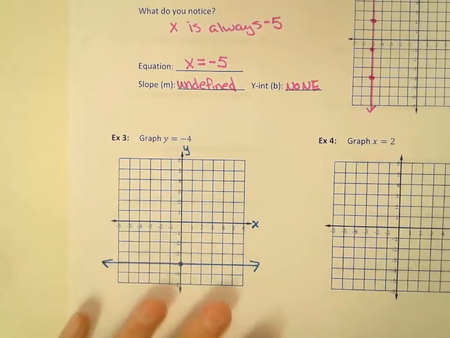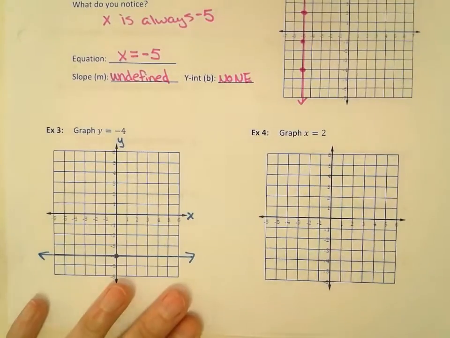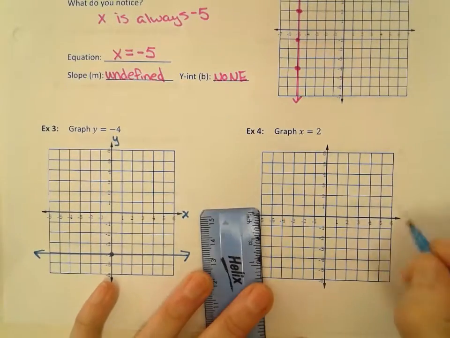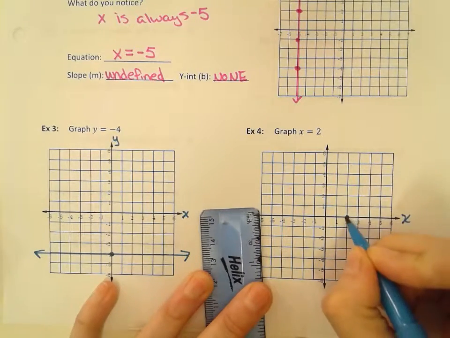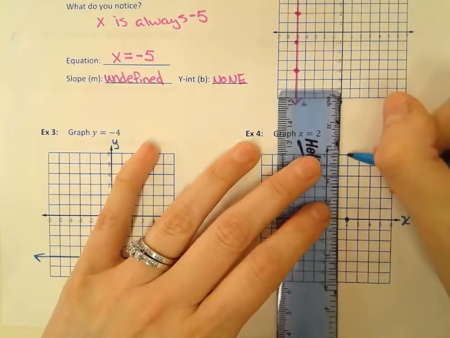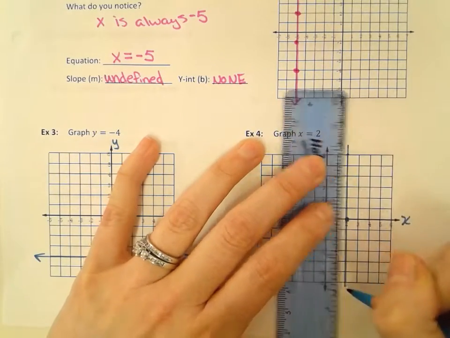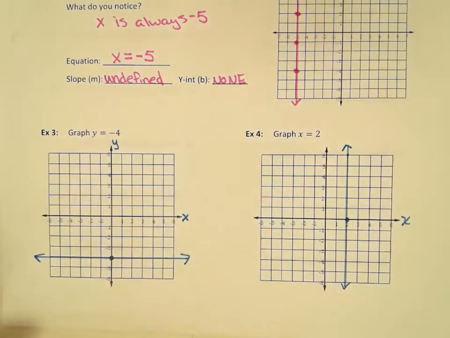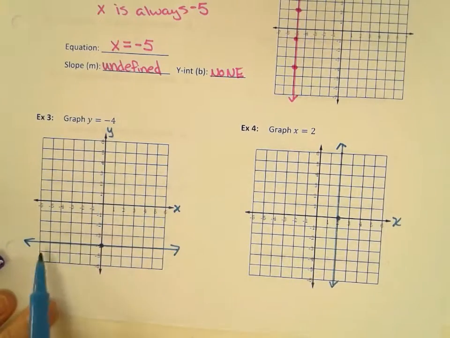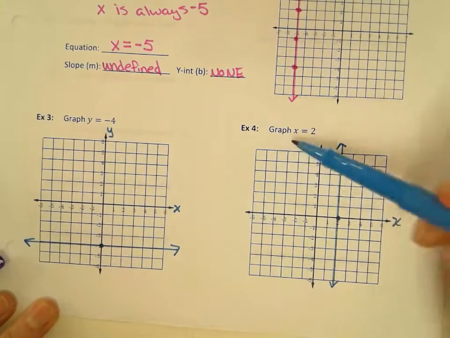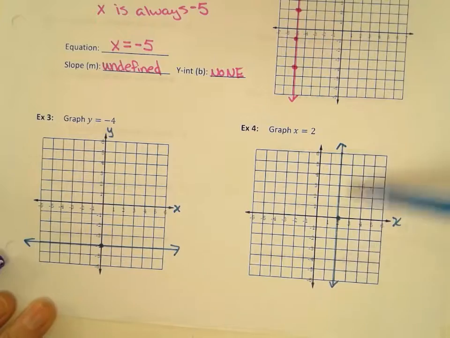Anytime you just have x equals a number, so just x equals 2, now you're going to look at the x-axis, put a point at positive 2, and draw a vertical line through it. And that's the difference between a y equals, which has a slope of 0, and an x equals, which has an undefined slope. Okay.